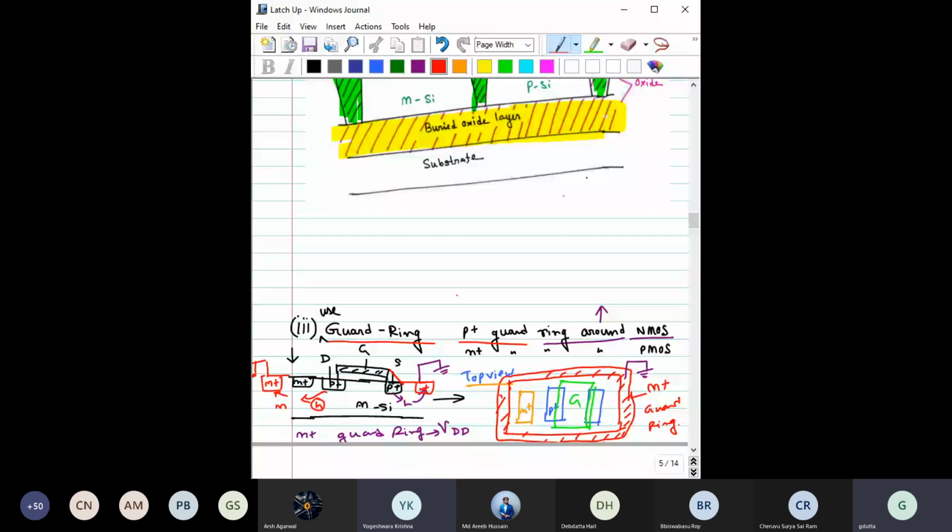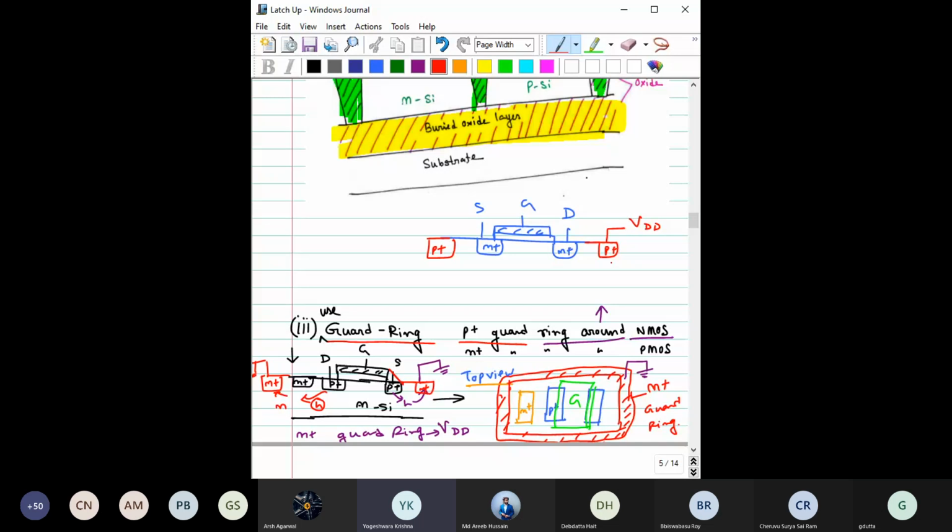If there is any confusion for this PMOS, so this is PMOS. For this NMOS, the structure would be like this. N plus, and you have gate, source, and drain. Then for NMOS, you have P plus regions, and the P plus regions are connected with VDD.